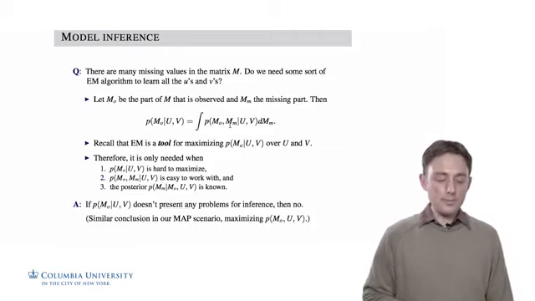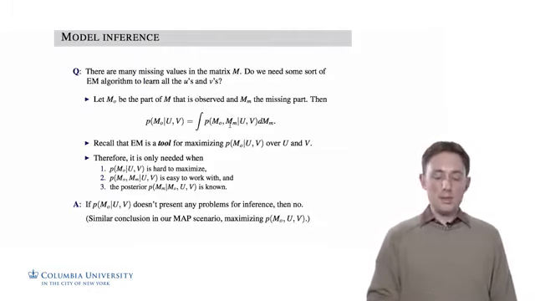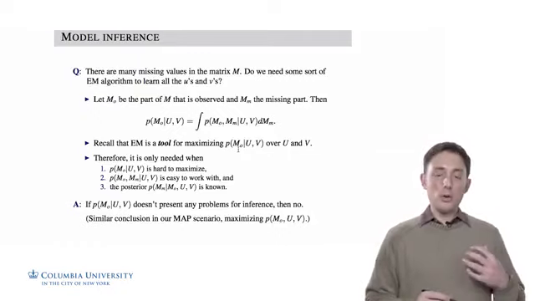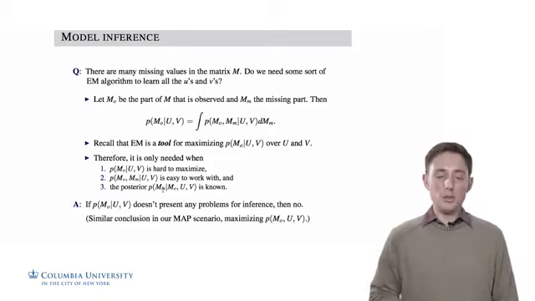So the question now is whether we need to use an EM algorithm where we introduce this missing data to the model. To answer this question, let's recall that EM is simply a tool for maximizing a marginal likelihood where there's missing information. Therefore, we only need it when this is hard to maximize, but this is somehow easy to maximize, and also the posterior is known.